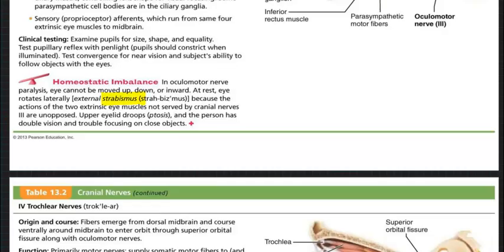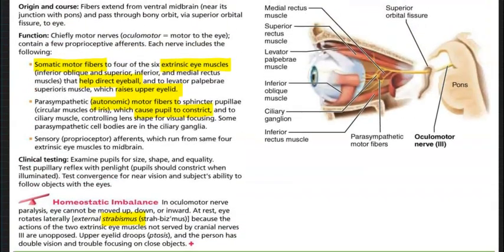So, the dysfunction: strabismus, lazy eye. Now, what else can happen if this nerve is damaged? Double vision? Well, that's a result of strabismus. But look at the functions of that nerve. What else can happen? Drooping eyelids, very good.